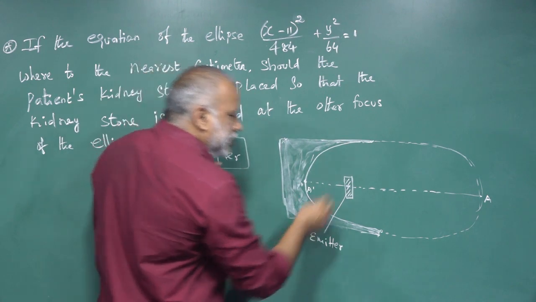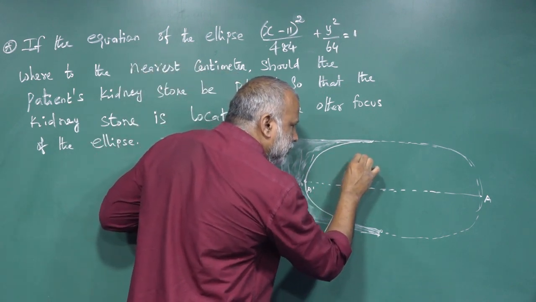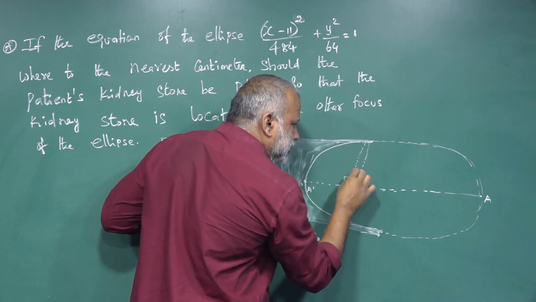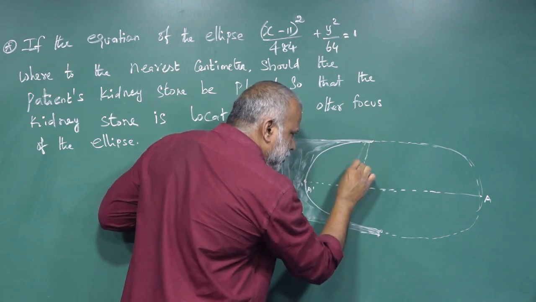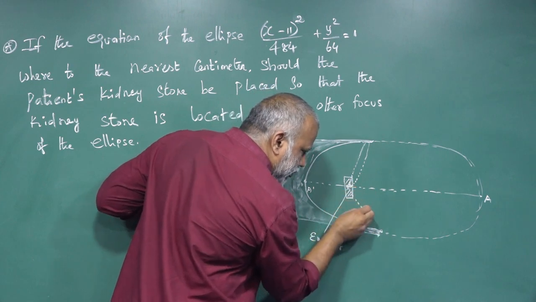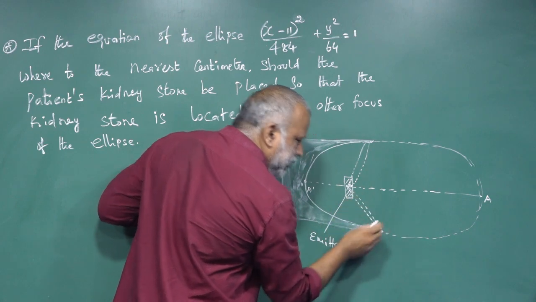In this emitter, sound waves are produced like this. Here also sound waves are produced and go through like this.